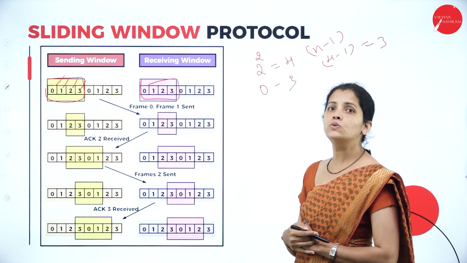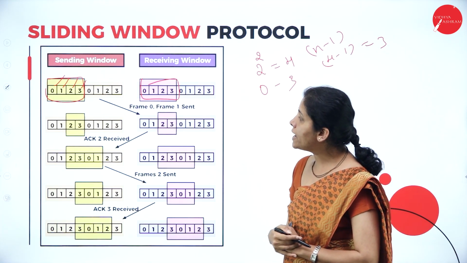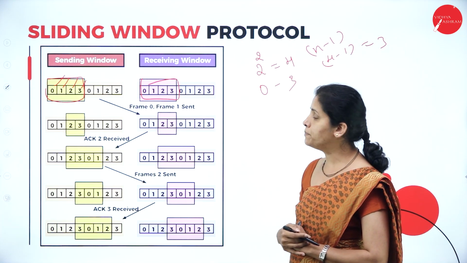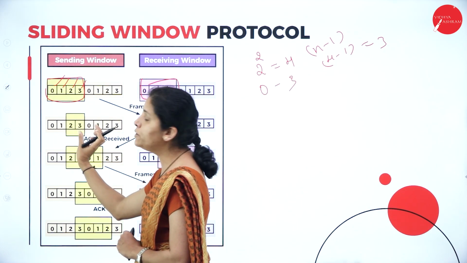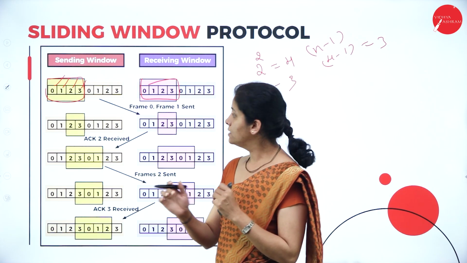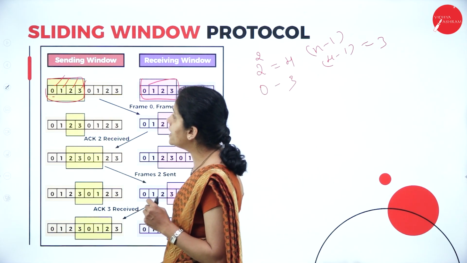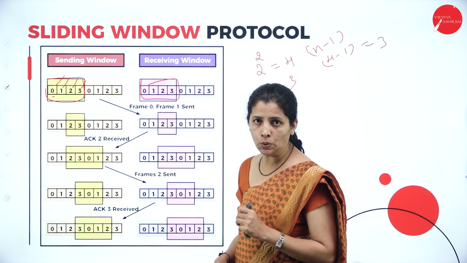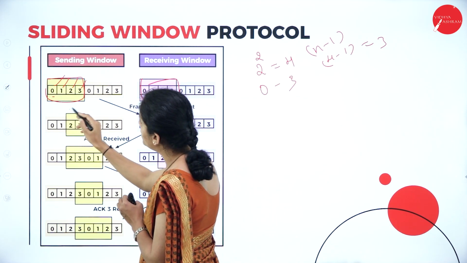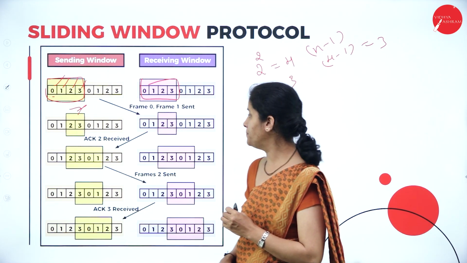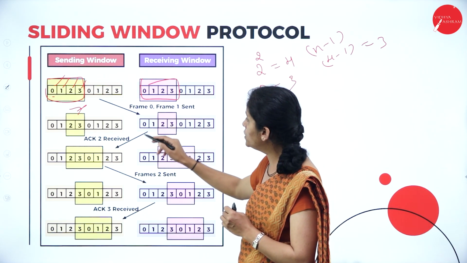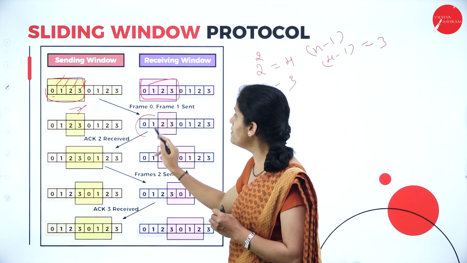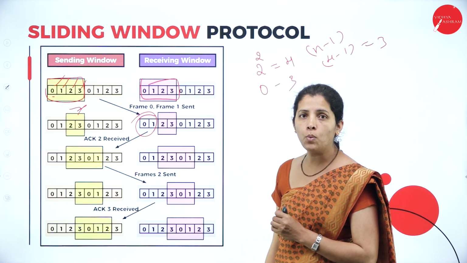Now the sender sends frame 1 and frame 2. See here, the size of the window shrinks. The sender sent 1 and 2, so the window shrinks. Now see the receiver side: the receiver receives 0 and 1.